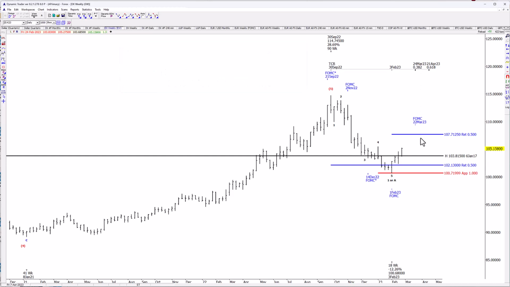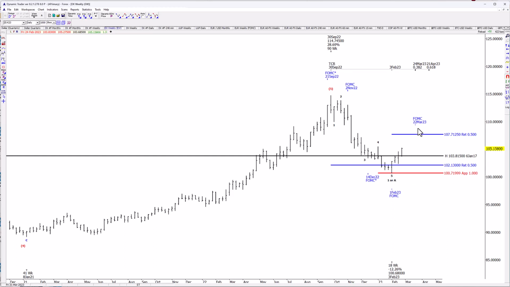And so if the dollar happened to do that and be sideways to up in that latter part of March, we'd want to be really alert to the position of the dollar to complete a corrective advance. And if we can identify that, then more than likely what will occur after late March to late April would be another decline to a new low.